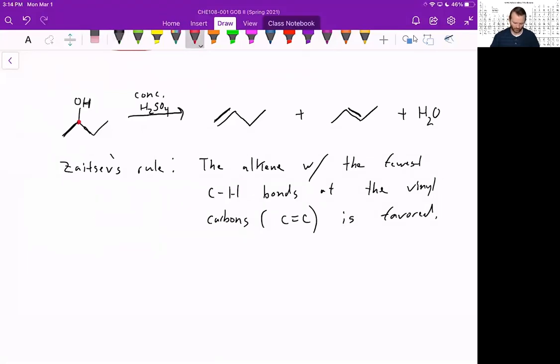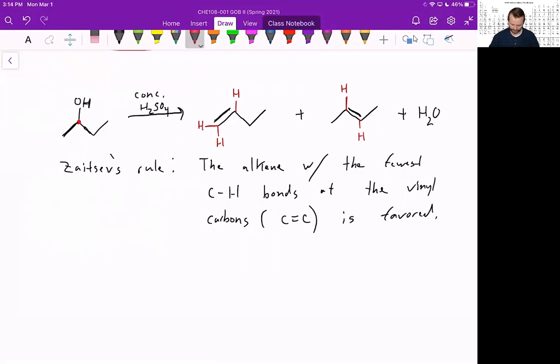So if we draw the implied carbon-hydrogen bonds, the alkene on the left has 3 carbon-hydrogen bonds. The alkene on the right has 2.